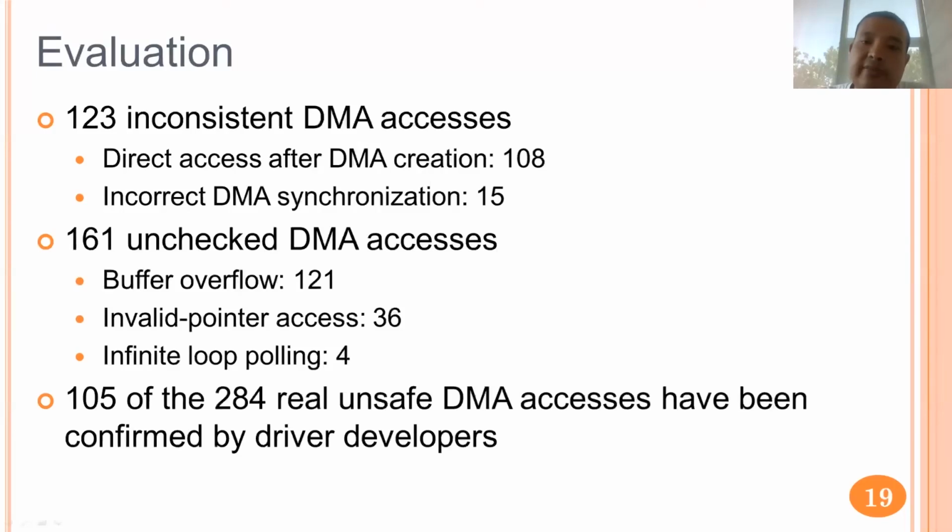Among the 161 unchecked DMA accesses, 121 of them can cause buffer overflow, 36 of them can cause invalid pointer access, and 4 of them can cause infinite loop polling. According to the paper submission, 105 unsafe DMA accesses have been confirmed by driver developers.